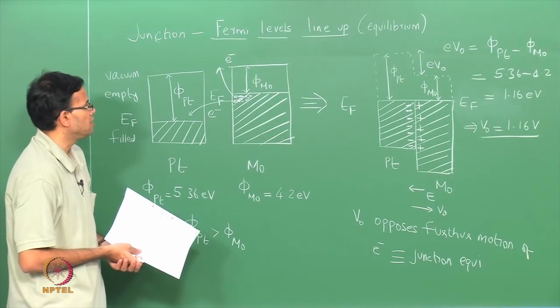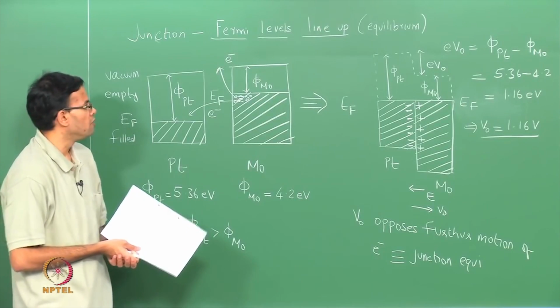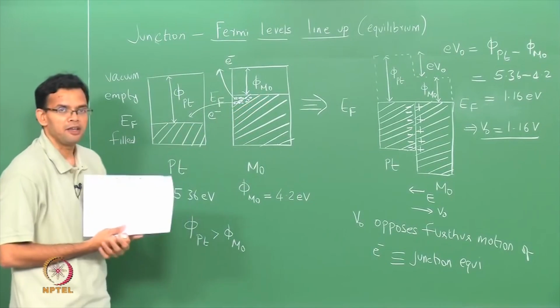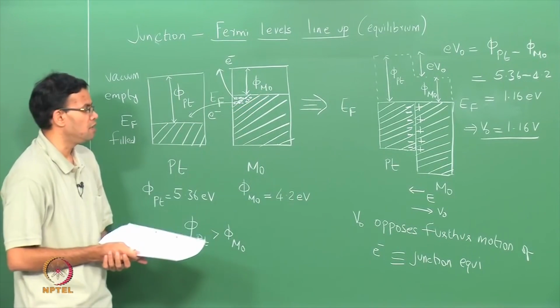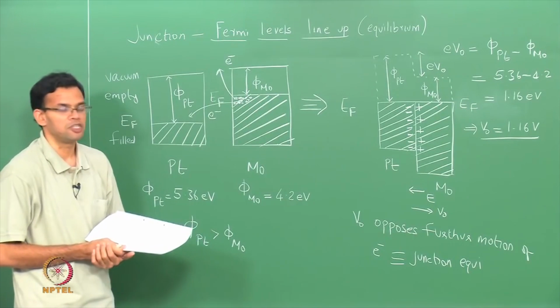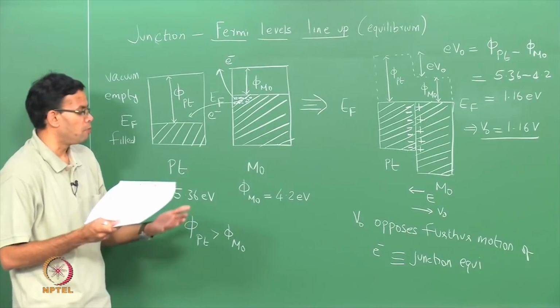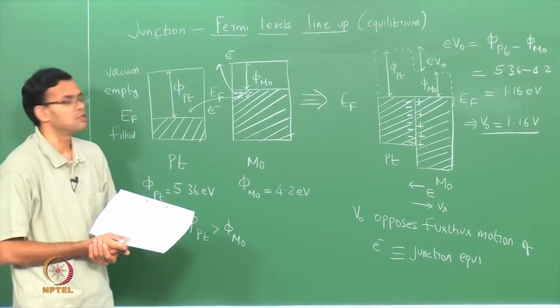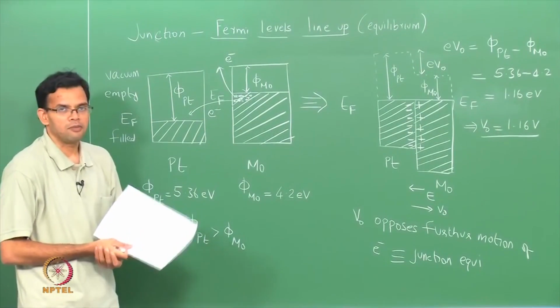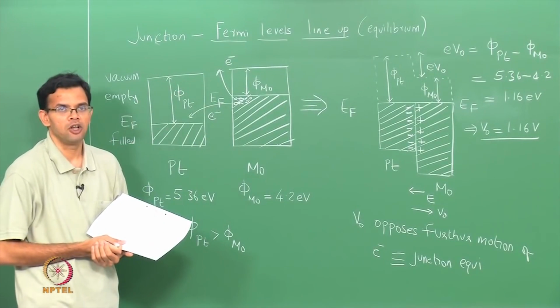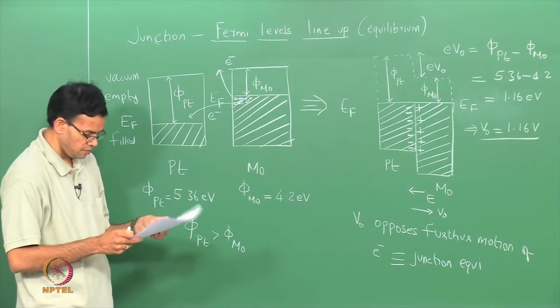In such a case, electrons will go from the metal with the lower work function to the metal with the higher work function. This in turn leads to a contact potential at the surface, and this contact potential opposes further motion of electrons. The value of the contact potential depends upon the difference between the work functions of the two metals.